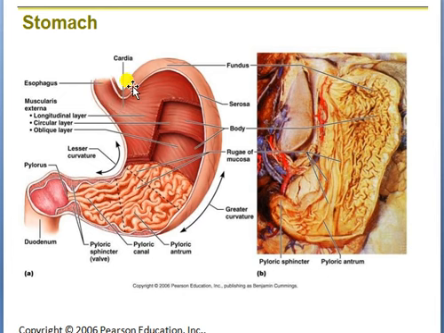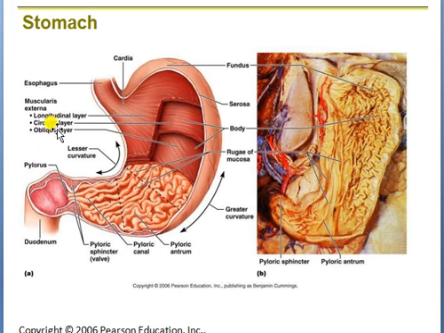This portion is the cardiac stomach, this portion is the fundus, this portion is the body, and this portion is the pylorus. This is the pyloric sphincter. That's why I said the pyloric sphincter lies between the stomach and the intestine, and the cardiac sphincter between the esophagus and the stomach. Fine.